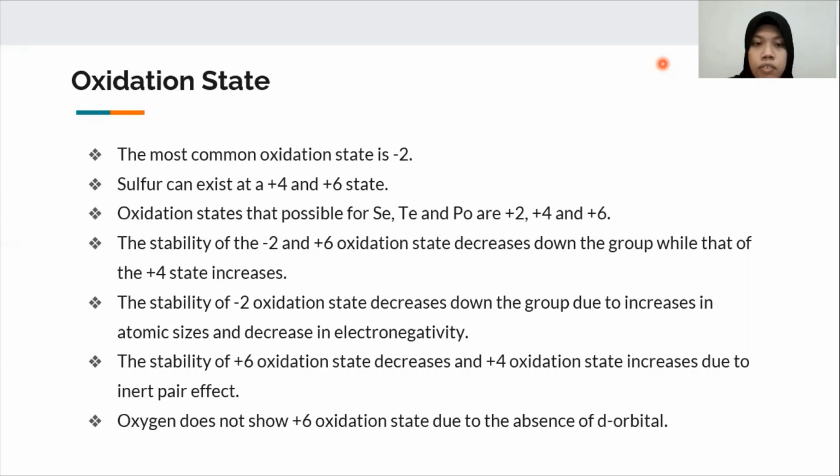The stability of the -2 and +6 oxidation states decreases down the group, while that of the +4 state increases.